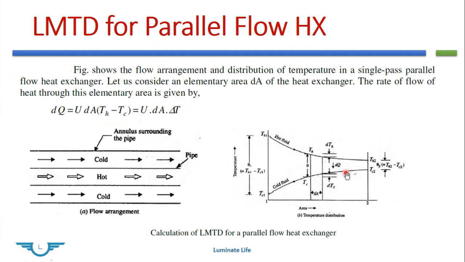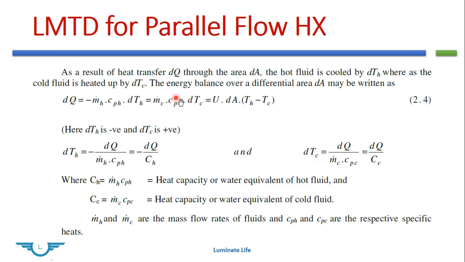Okay, now this dq can be written as U dA (Th minus Tc) or U dA delta T. Now as a result of heat transfer dq through the dA, the cold fluid gets heated up as well as the hot fluid gets cooled. Now when we are considering it in the direction of flow, we can say that the heat transfer dq with respect to the hot fluid is minus mh cph dTh.